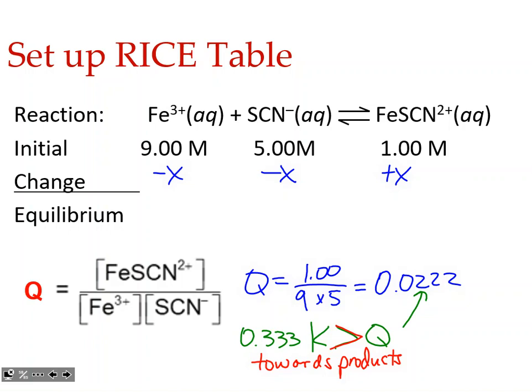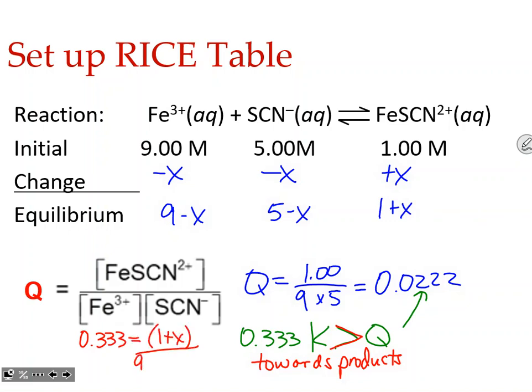All right, so now we just have to do the rest of the solving. So we have 9 minus x, 5 minus x, 1 plus x. Stick it in the expression. 0.333 equals 1 plus x over 9 minus x and 5 minus x, like so.